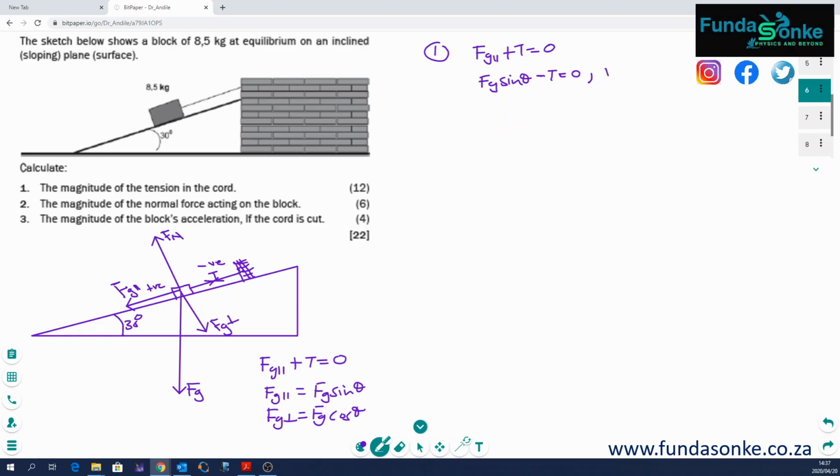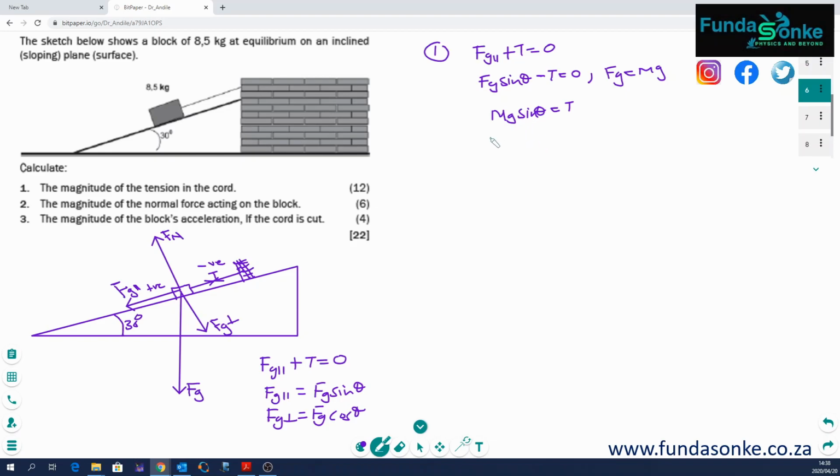But let us not forget that force due to gravity is given by mass times gravitational acceleration. So it means then we're going to have our mass times gravitational acceleration sine theta will be equal to our tension.